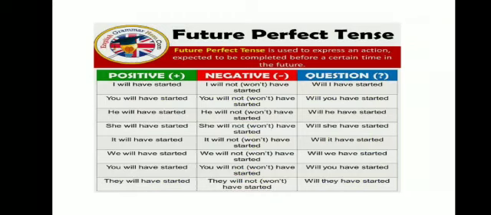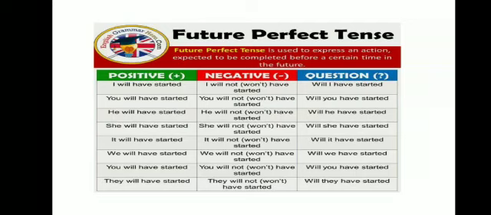Now comes future perfect tense. Future perfect, as I told you, according to grammar rule we will use shall and will. Okay. Now what will we do in future perfect tense? First of all we will put subject, then will have, shall have, then third form of verb and then the object.